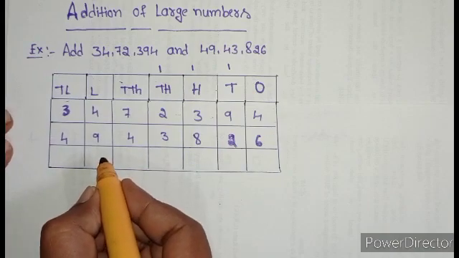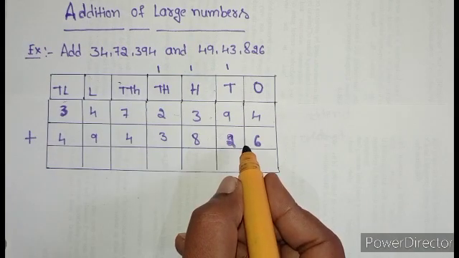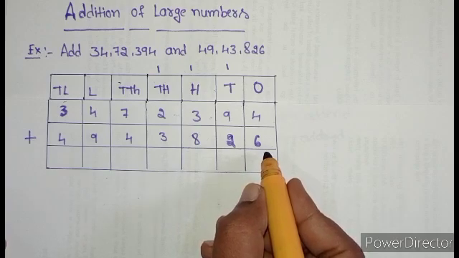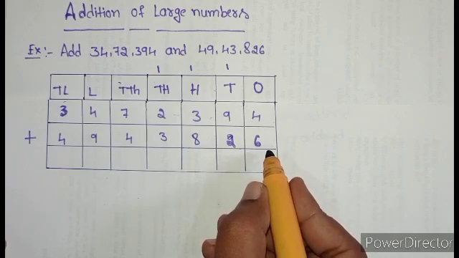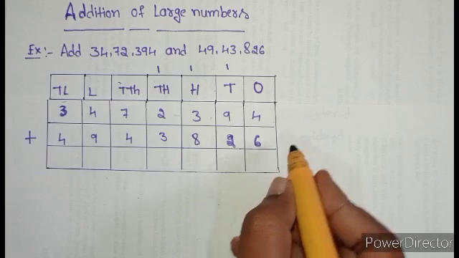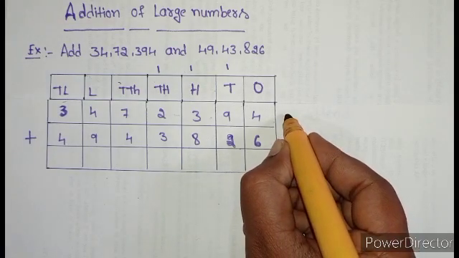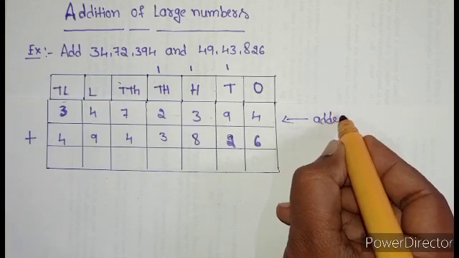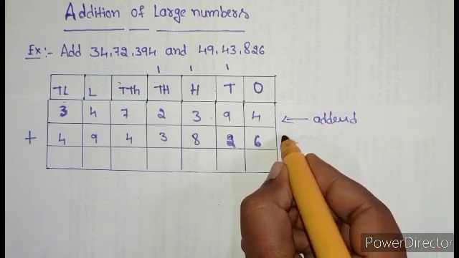In an addition operation we can have 2, 3, 4 or many addends. Each number to be added in an addition sum is called an addend. All of you see here, this is one addend, and this is one addend.